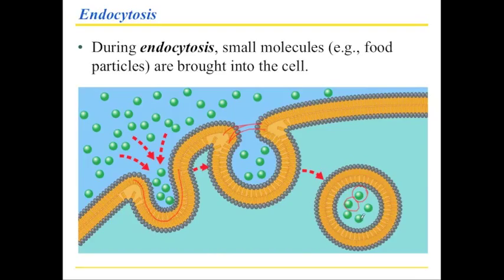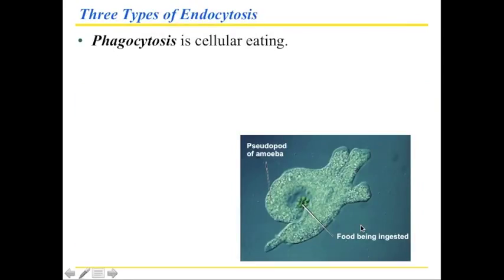Now, this is when you're bringing in a whole bunch of stuff. When we looked at active transport in the previous slide, it was one molecule at a time, and that of course also works. But sometimes, especially when it comes to food, if there is a lot of food available, you might as well use it. And this is the kind of thing that can happen. Now, when it comes to bringing things inside of the cell, there are different ways by which different substances can be brought in.